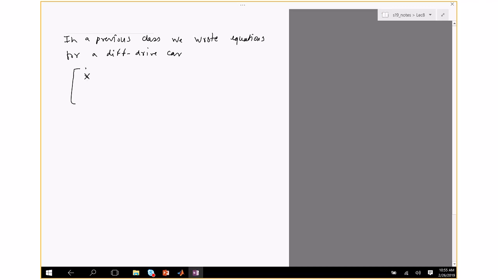If you remember, there were equations for the velocity of point P, x dot, y dot, and also the rotation angle theta dot. And that was expressed as a function of the speed of the left and right wheel, and then the last one was r times 2w.